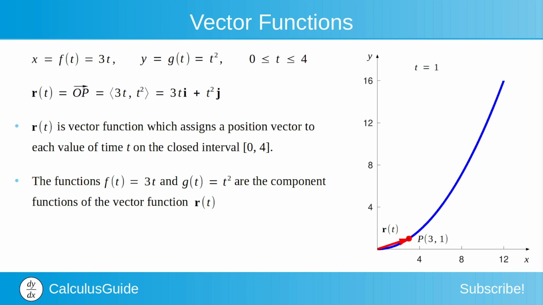We're not just limited to integer values of time t. In this example, the vector function r of t assigns a position vector to every value of time t that is greater than or equal to 0 and less than or equal to 4.